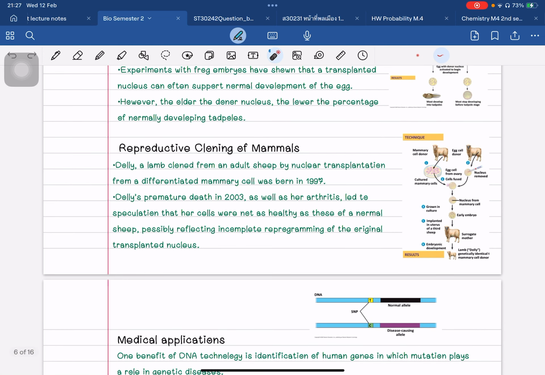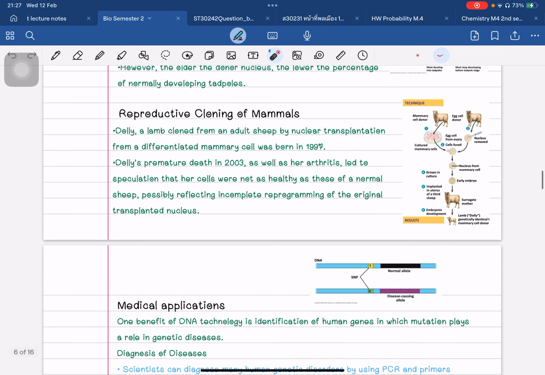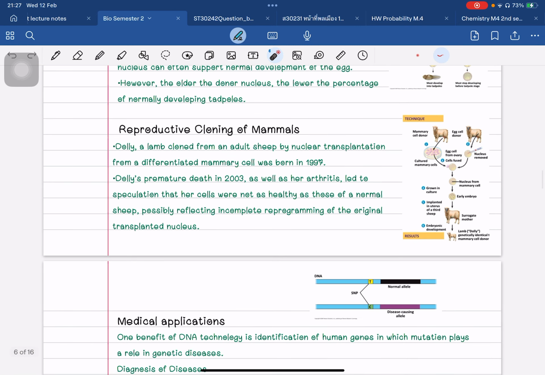And about the reproductive cloning of mammals, we're going to talk about Dolly.